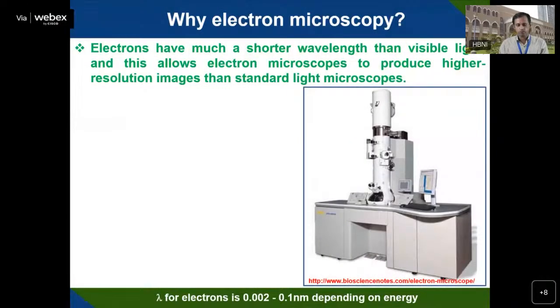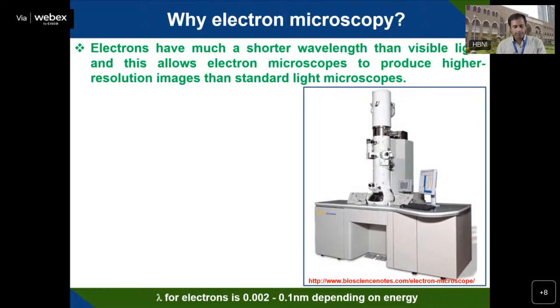So this optical microscope cannot be used for smaller size particles. If you have bigger size particles, you can use visible light, since that wavelength is suitable, and you can measure that size. But if you have a smaller structure, you cannot see those things using an optical microscope.